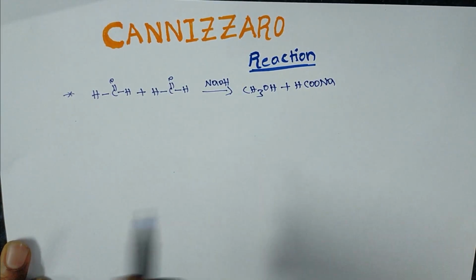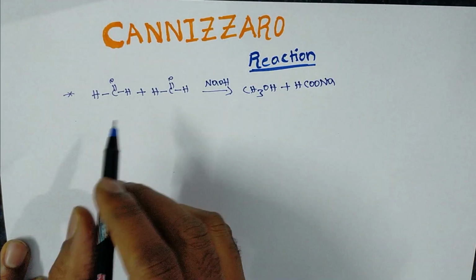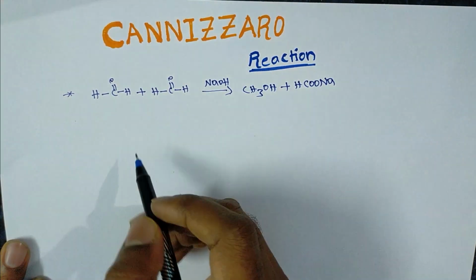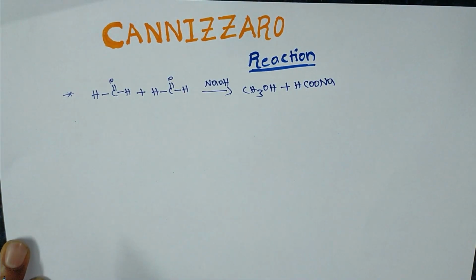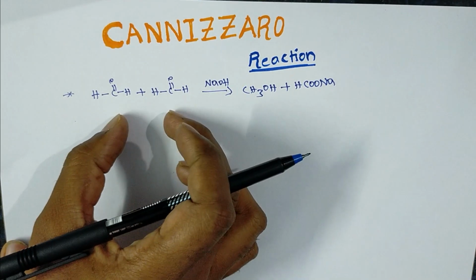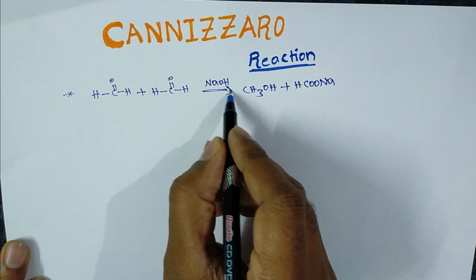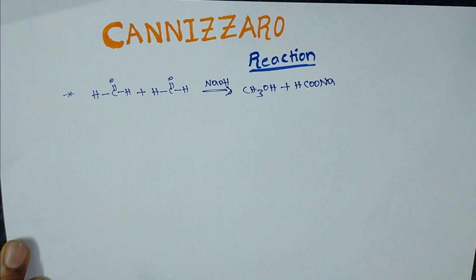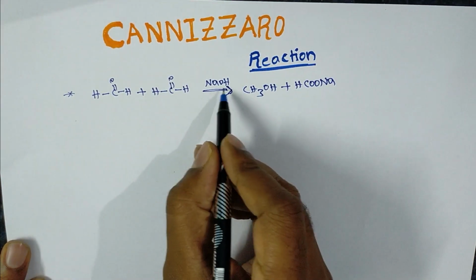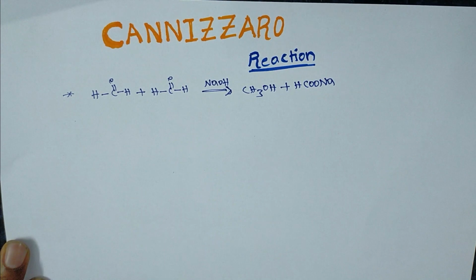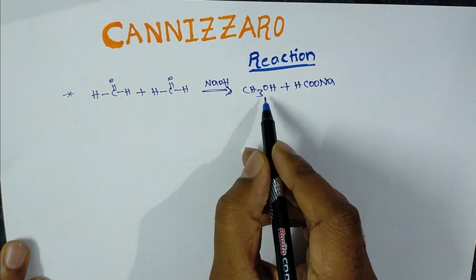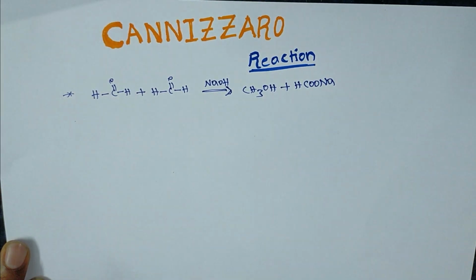Okay students, so what is the Cannizzaro reaction? Cannizzaro reaction means aldehydes which do not have alpha hydrogens react with each other in the presence of a concentrated base like NaOH or KOH, then form alcohol and acid salts.